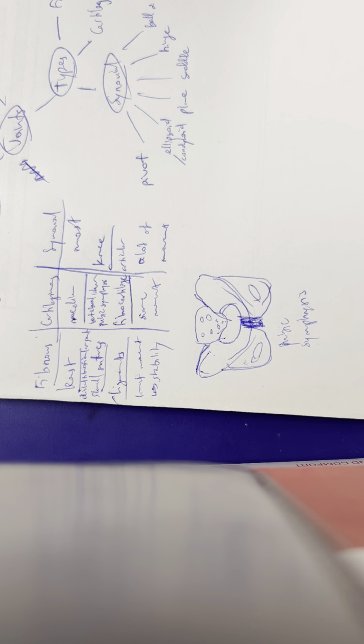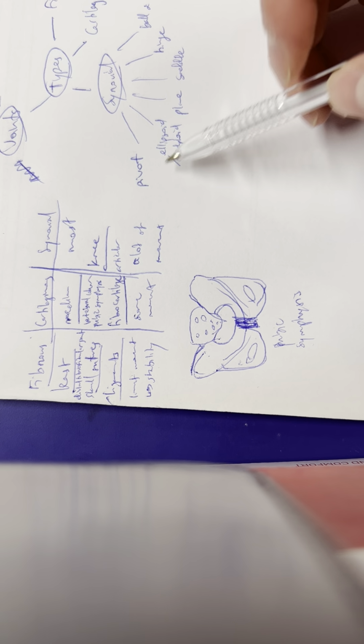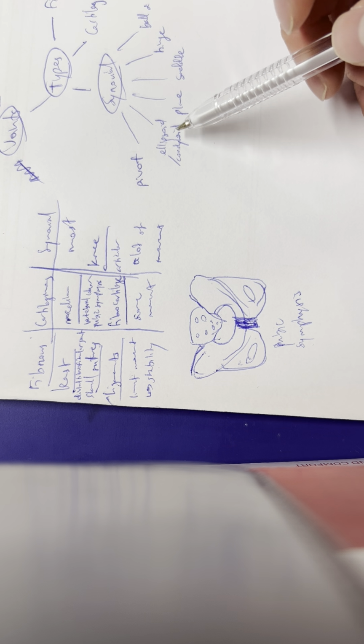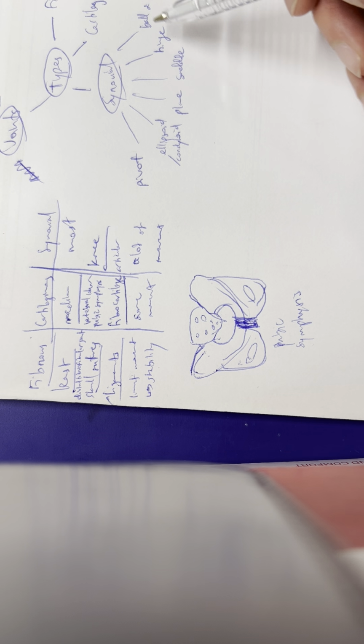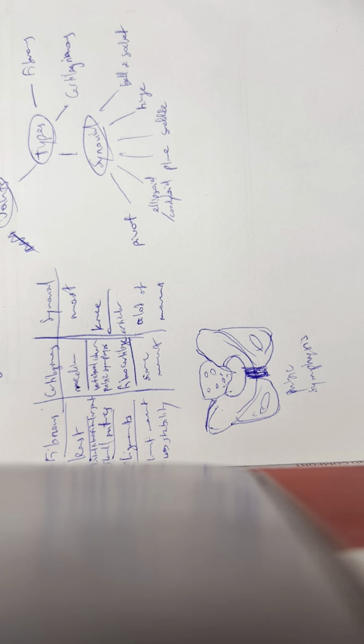You do have a little bit of ligaments in there, but mainly articular cartilage. And this is when it's split up into different types again. So you've got 6 types here: pivot, ellipsoidal, condyloid, plane, saddle, hinge, with ball and socket.